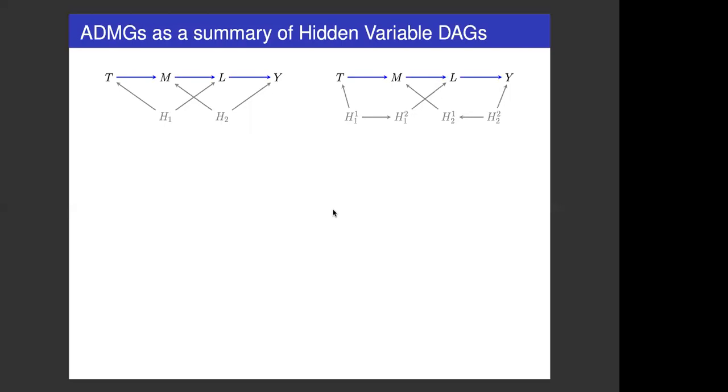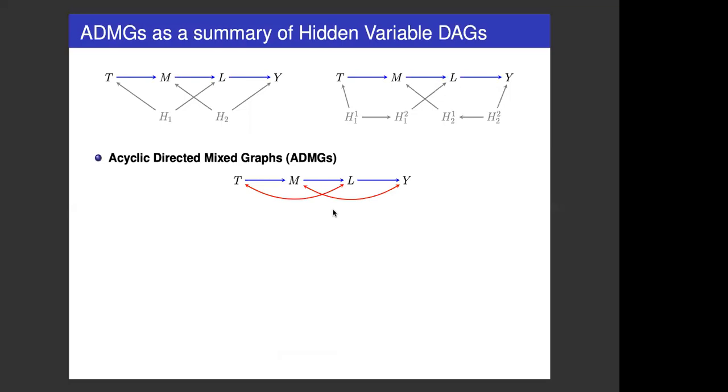So it is kind of annoying, but one nice thing is that, without loss of generality, we can condense and summarize all of them into what's called an acyclic directed mixed graph. So this ADMG here is basically the summary of these two hidden variable DAGs.